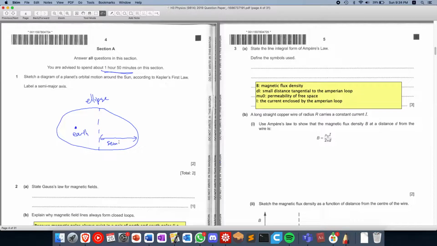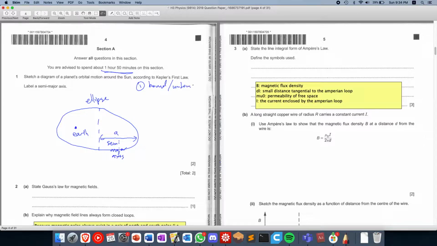And then after that I'll write some related concepts. So in this case, the semi-major axis is defined as this horizontal part of the ellipse, the bigger part. Then I'll be name dropping certain related concepts such as bound or unbound orbits.